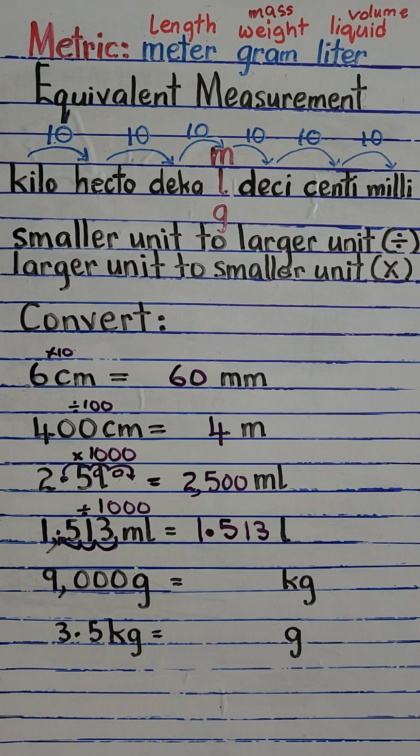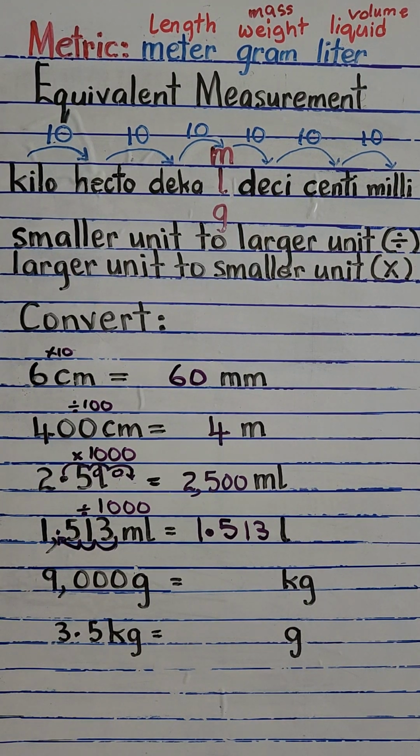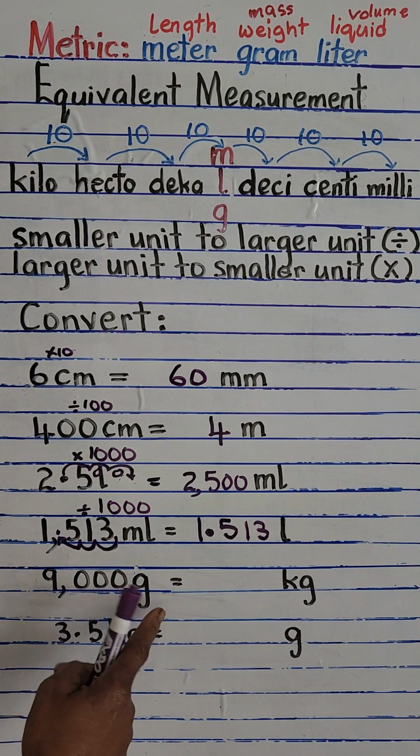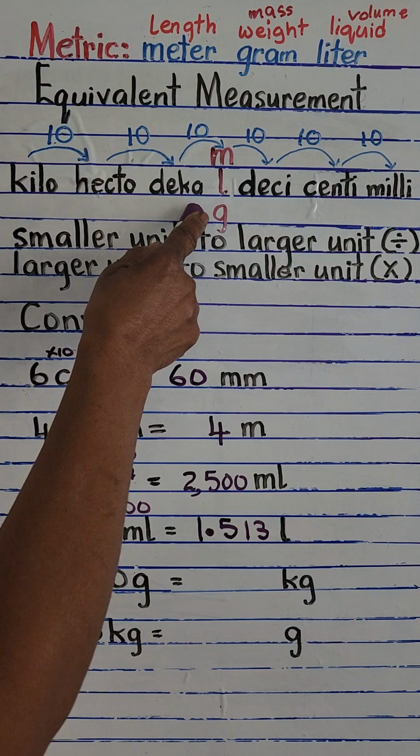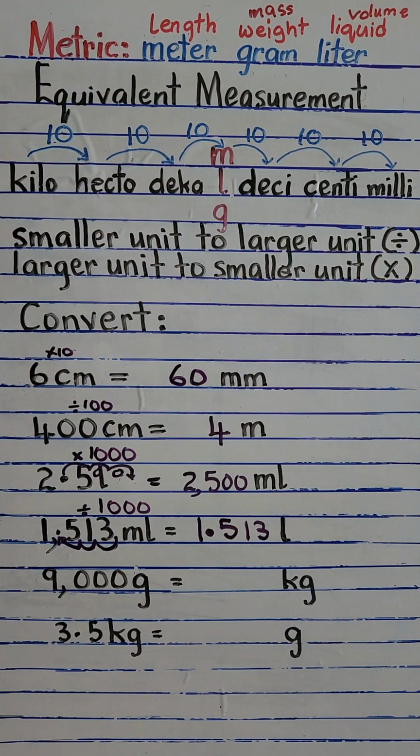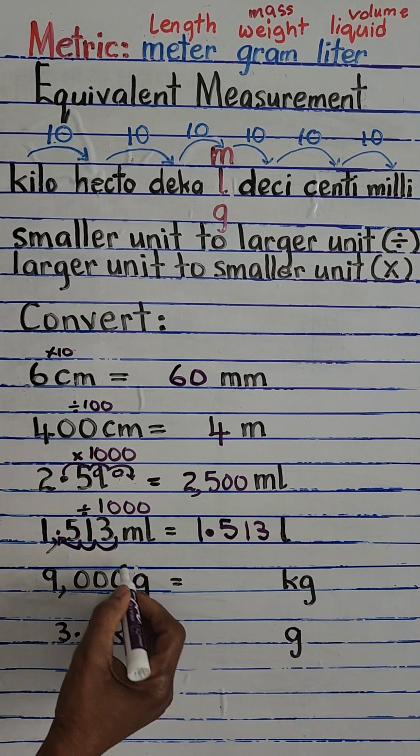Next, 9,000 grams to kilograms. Grams to kilogram, that is smaller to larger. Smaller to larger, so we are going to divide.